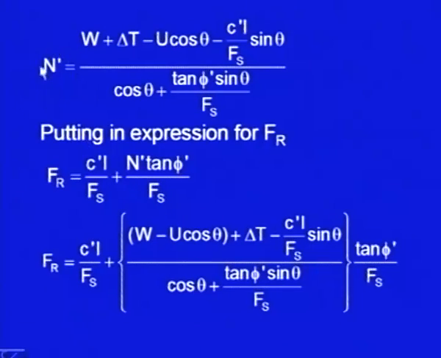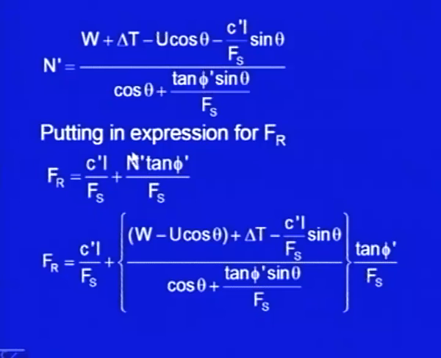Now, we put this expression once again in the equation for Fr. So, Fr comes out to be, this was the expression which we had earlier, Fr is equal to C dash L upon Fs plus N dash tan of phi dash upon Fs. So, put N dash here.